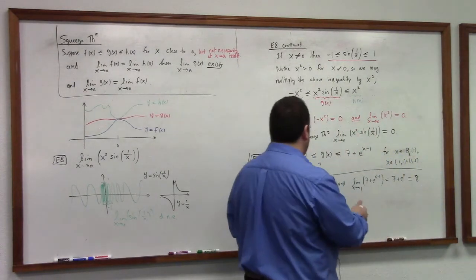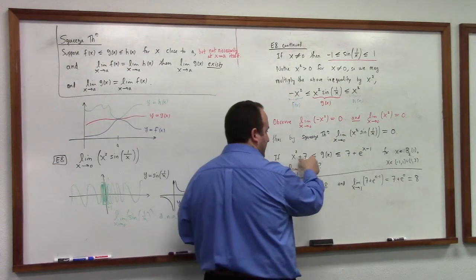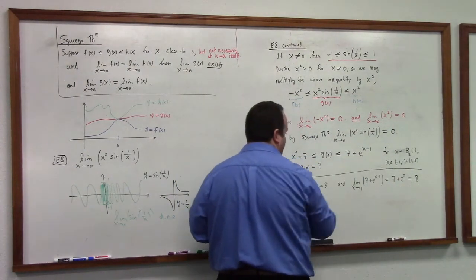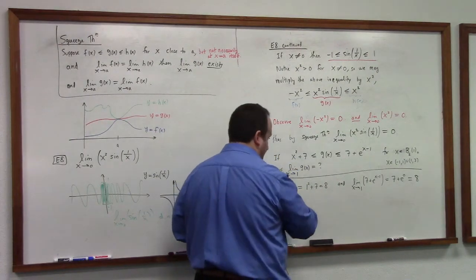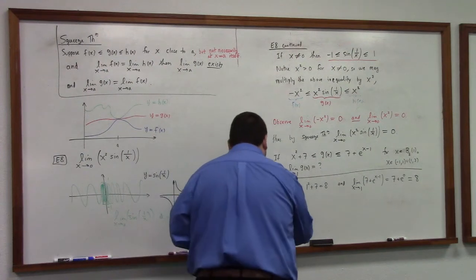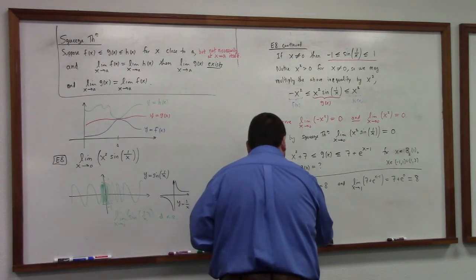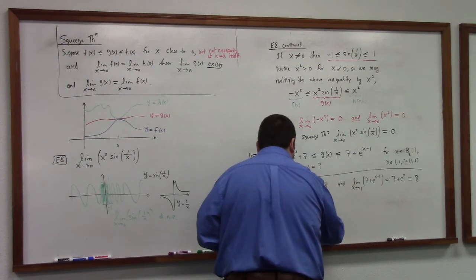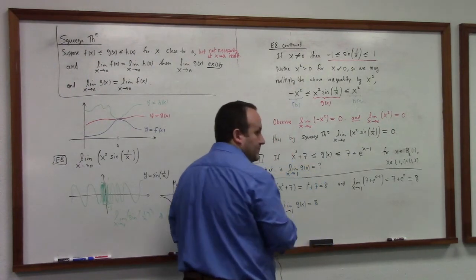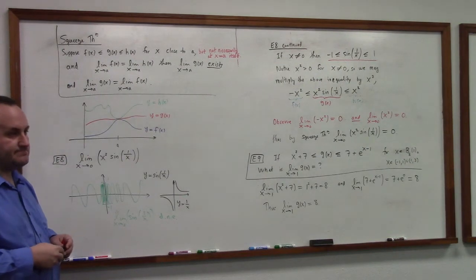Aha, so the limit of the bottom function and the limit of the top function are both equal to 8 as x approaches 1. Therefore, by the squeeze theorem, the limit as x approaches 1 of g of x is also equal to 8. That's the answer.